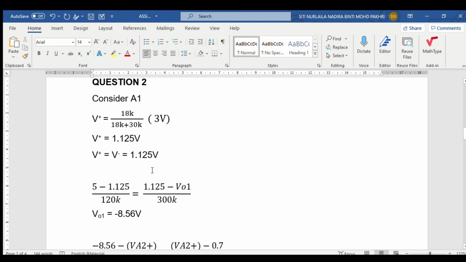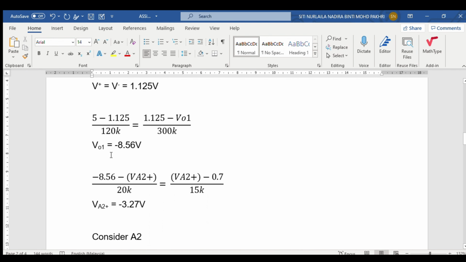And we substitute the value into the equation: (5 minus 1.125) over 120k is equal to (1.125 minus V01) over 300k, and we will get the value for V01. It is equal to negative 8.56 volt.